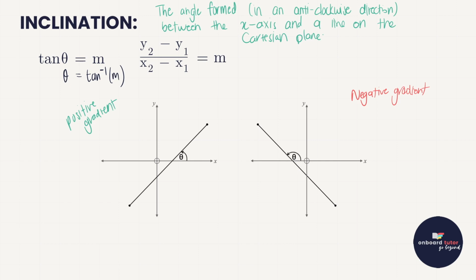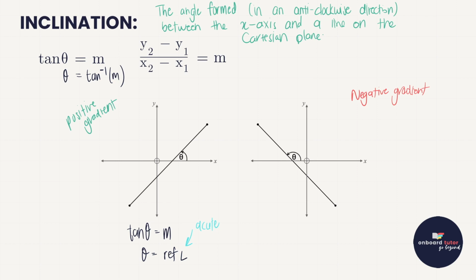Okay, so when we work this out, what we need to know is that for a positive gradient line, we can simply say tan theta equals m, and then we can say that the angle of inclination is actually just equal to the reference angle that we get, because it's going to be an acute angle. Okay, we get acute reference angles here.